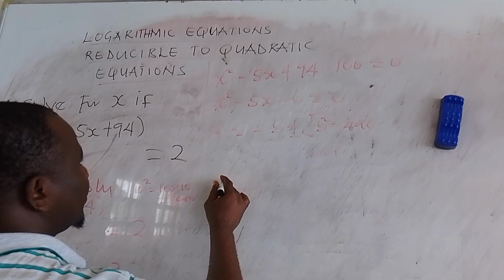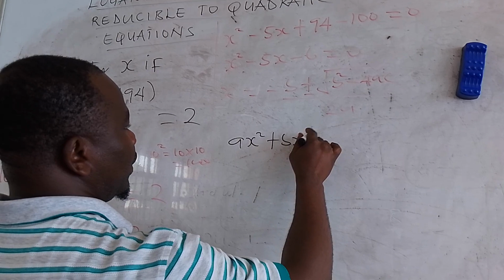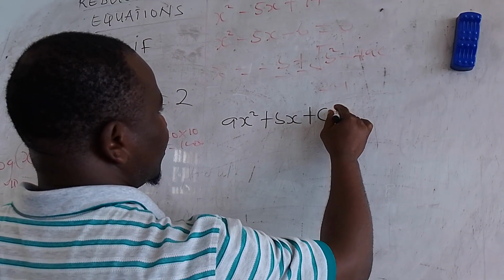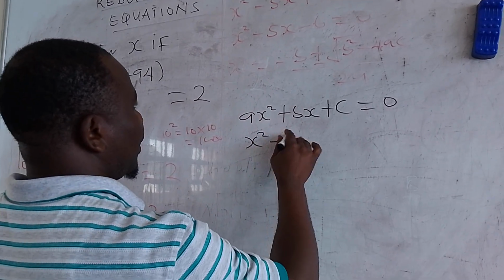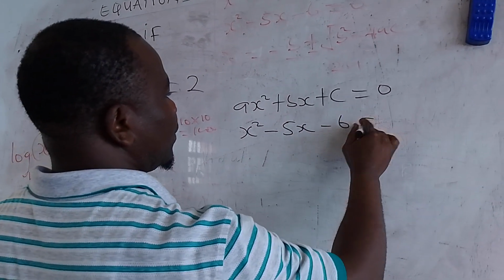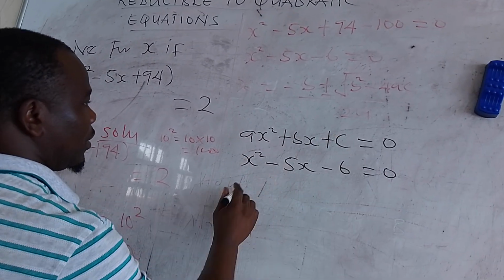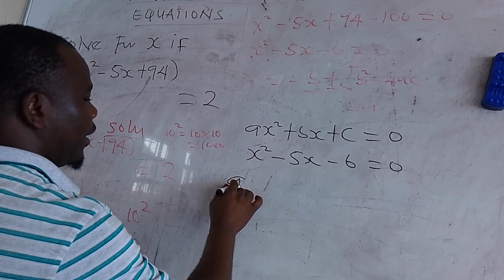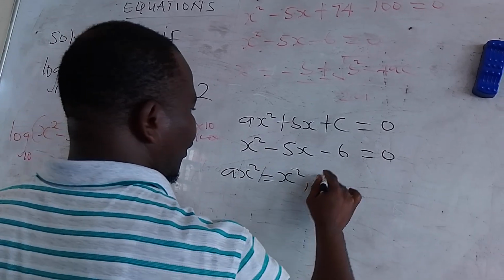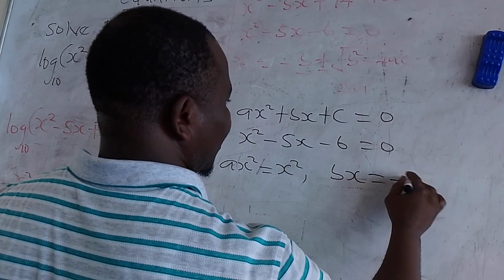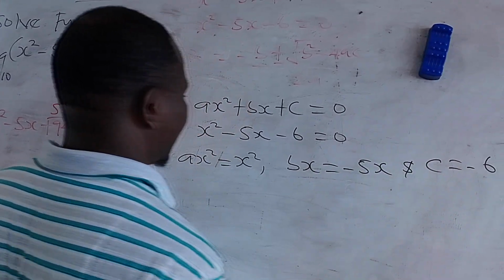Our quadratic equation is of this form: ax squared plus bx plus c equals 0. Then this is our equation: x squared minus 5x minus 6 equals 0. It means we equate this, this, and this. So it implies that ax squared is equal to x squared, isn't it? Then bx is equal to minus 5x and c is equal to minus 6.